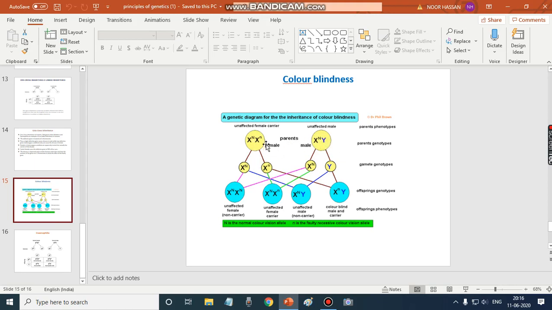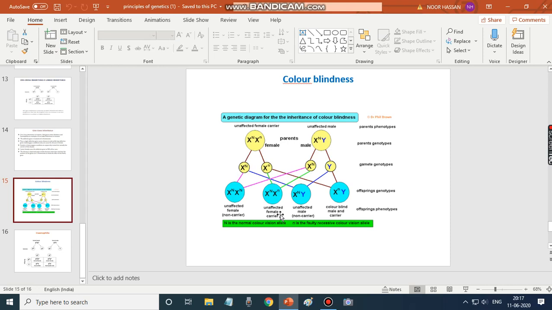So these are the parents. These are the gametes: X capital N, X small n, produced from the carrier female, and X capital N and Y, produced from the normal male. The combination of these gametes produces these individuals in this ratio. That is X capital N, X capital N, which is normal, unaffected.